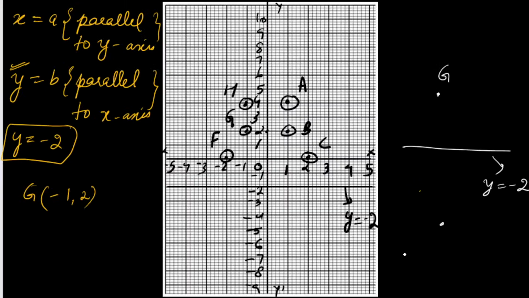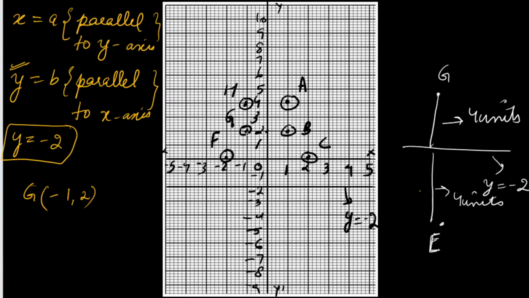That means point E we will have on this side. It will be 4 units away, because if you see point G, from this line the distance is 4 units. That means point E should be on the other side, 4 units from this line. Okay, so let's see which point we will get.